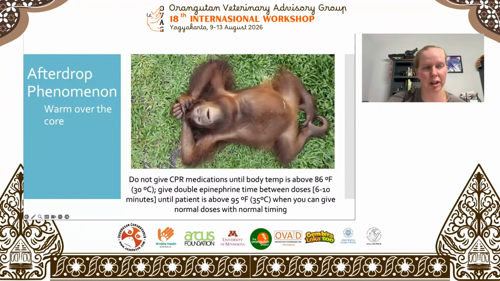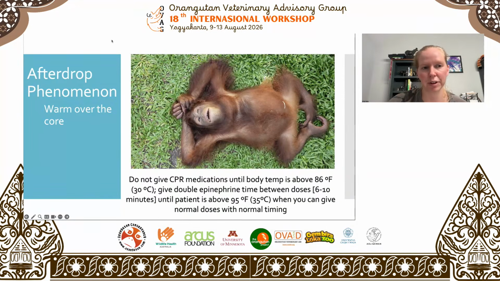Another thing to be thinking about, if you have a patient, whether from drowning, whether from complex trauma, whether from any of these other things, that is very, very cold, we need to keep in mind that that level of cold can be a big issue. We want to avoid what's called the after drop phenomenon. So what that would be is, if we're warming the patient up, we're starting to give them fluids, we're getting everything circulating.